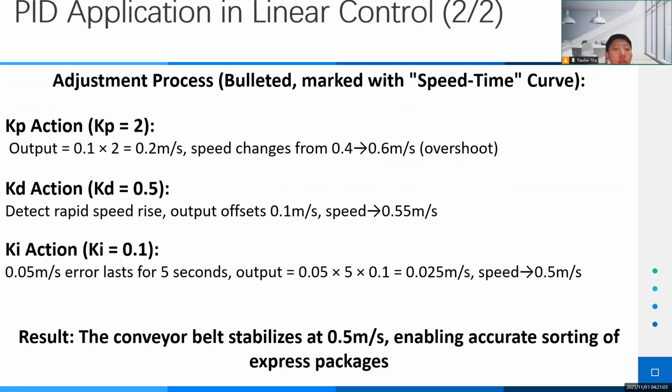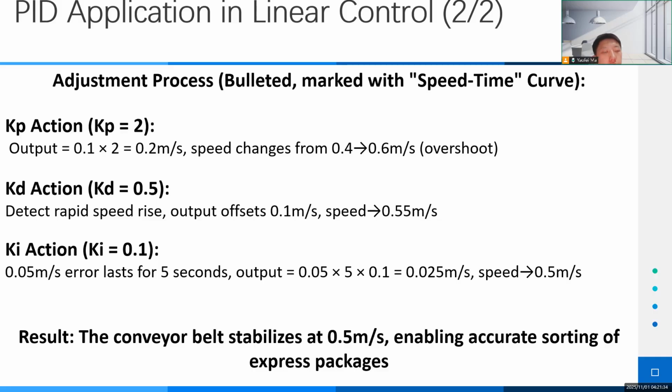Let's work through how PID adjusts the conveyor belt. 1. KP works first. KP is 2. The output is 0.1 times 2, so it is 0.2. So the belt speed goes from 0.4 up to 0.6.